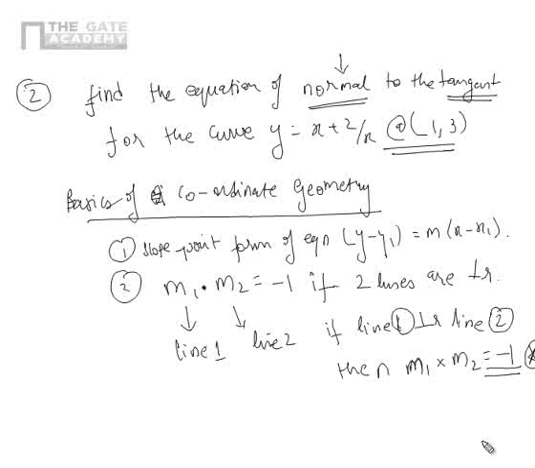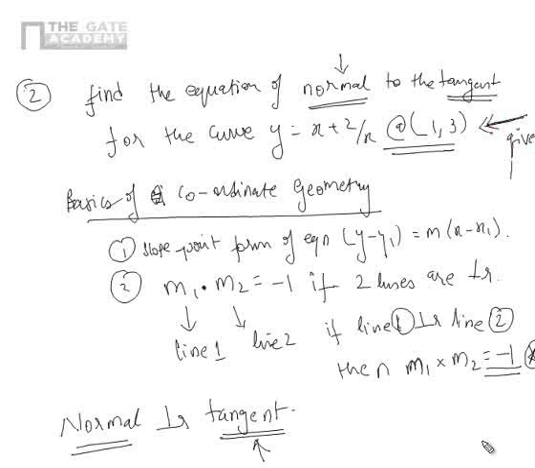So what is the relation between normal and tangent? Same thing. Normal will be perpendicular to the tangent. Correct? Now if I can calculate the slope of tangent, I can calculate the slope of the normal. I already know one point, that is 1 comma 3. This is the given point.